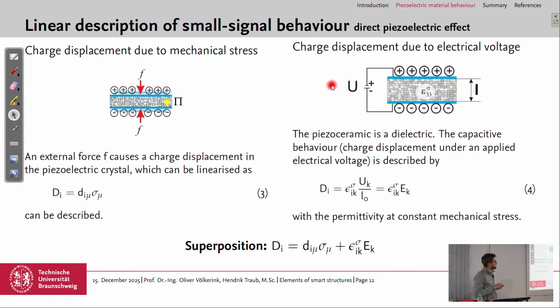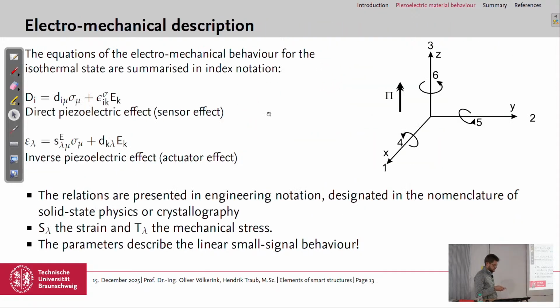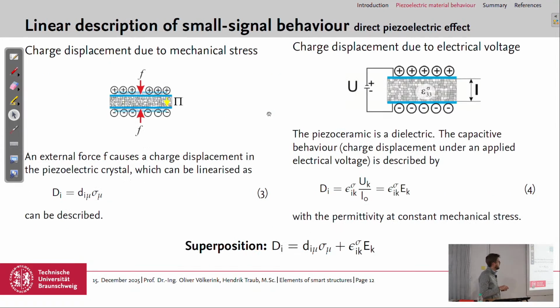And the same could be the other way around, so to say. We could also apply an electric field, and this electric field times the permittivity gives us also a charge displacement, because the piezoceramic is a dielectric between the electrodes, so it has a capacitive behavior under an applied electrical voltage.